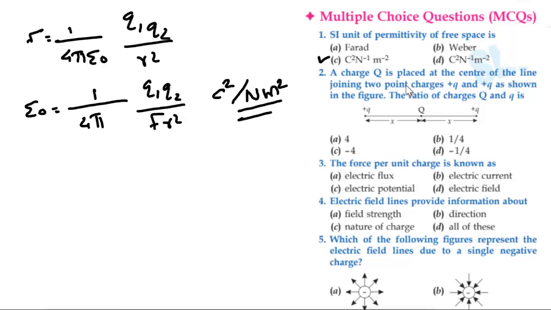A charge Q is placed at the center of the line joining two point charges, plus q and plus q, as shown in the figure. The ratio of charges capital Q and small q is?